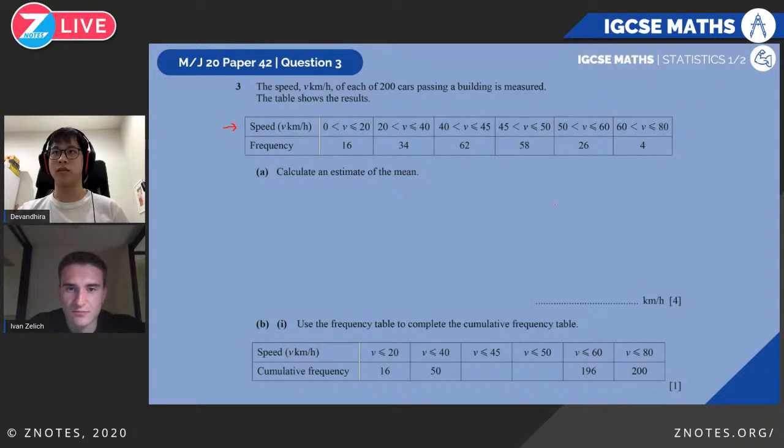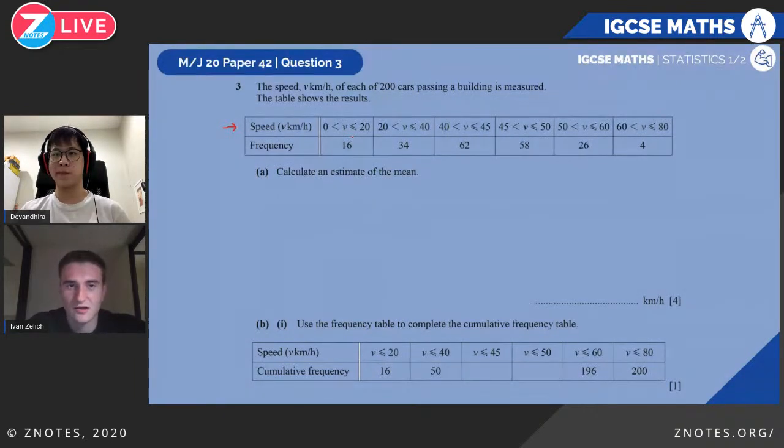And so we want to estimate the mean. A good estimate of the mean needs the sum of the values. We know that for speed between 0 and 20, there are 16 cars. A good estimate is that the 16 cars are distributed pretty evenly, so 16 times the midpoint, the average between 0 and 20, the center, would be a good estimate of the total in that interval.